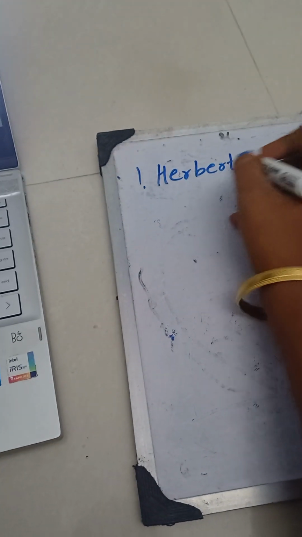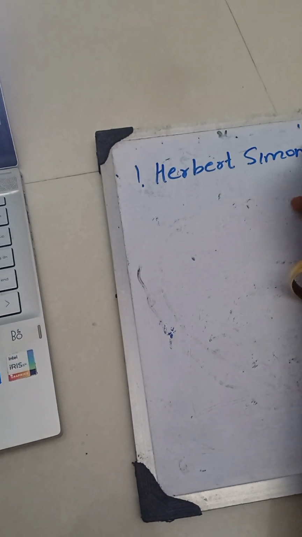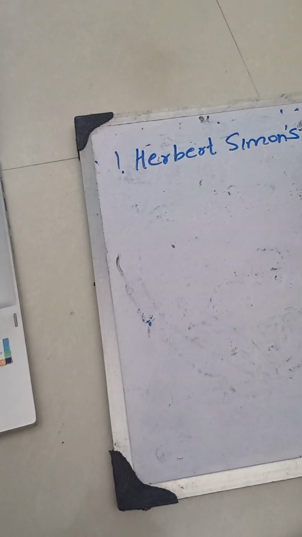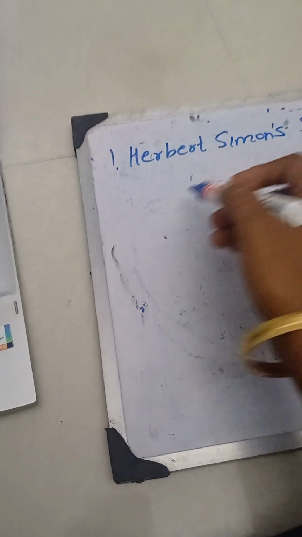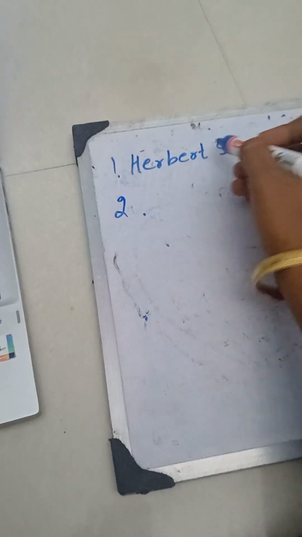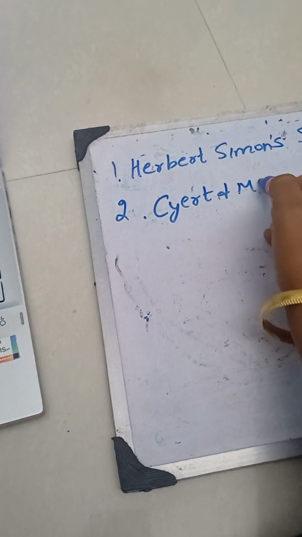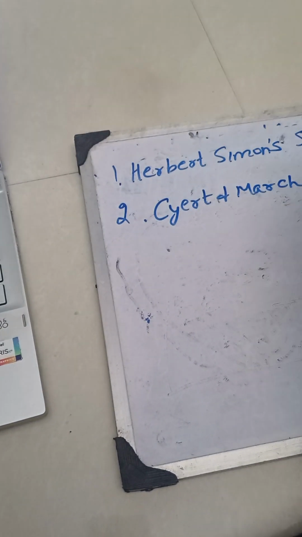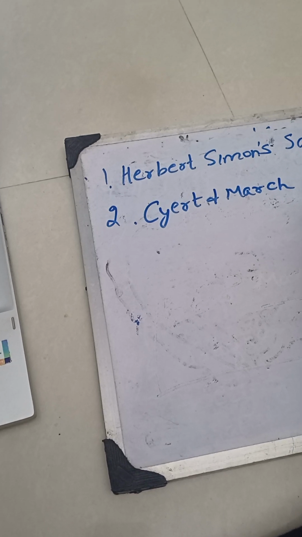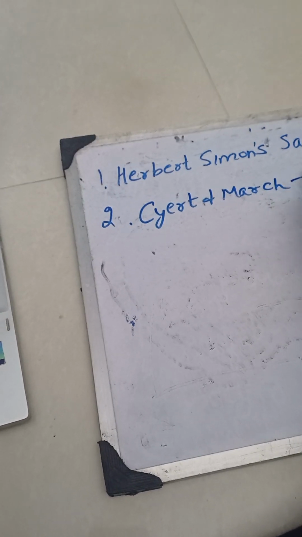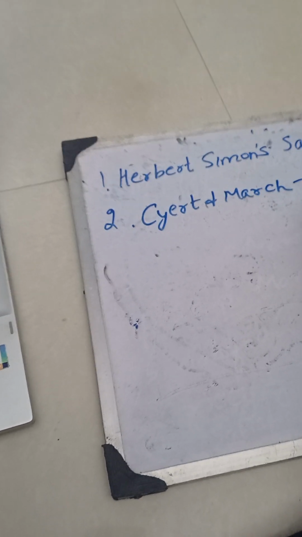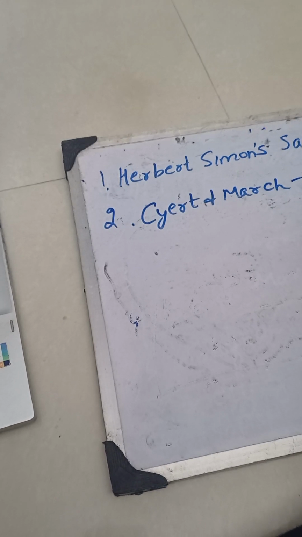If you observe the kind of objectives that a firm has, it's quite varied. As I said earlier, we have Herbert Simon's satisficing objective. Then you have Cyert and March, who gave a model known as the behavioral theory of the firm.